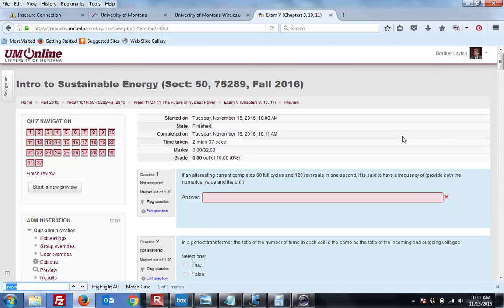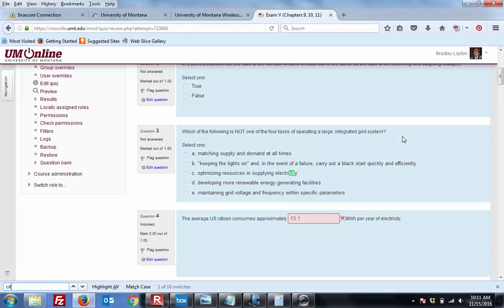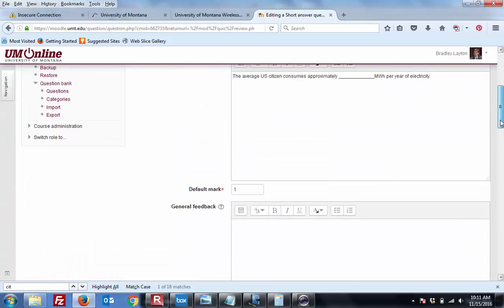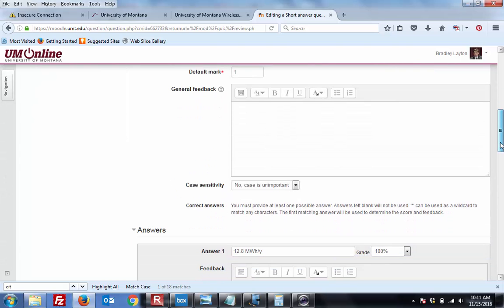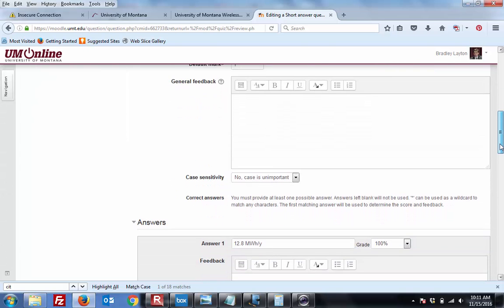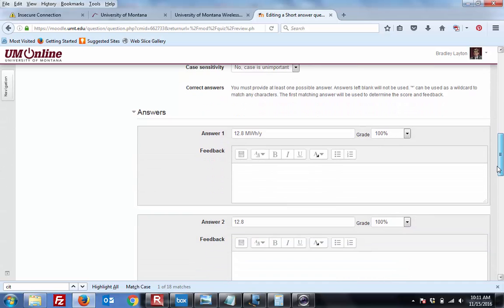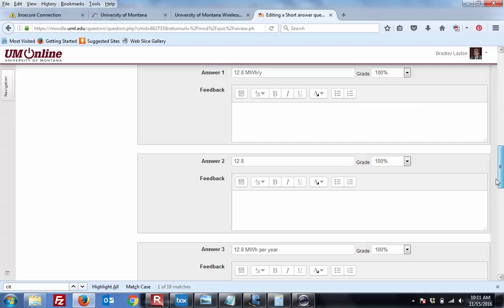Let's see what I got in here. I think that must have been from a previous book.